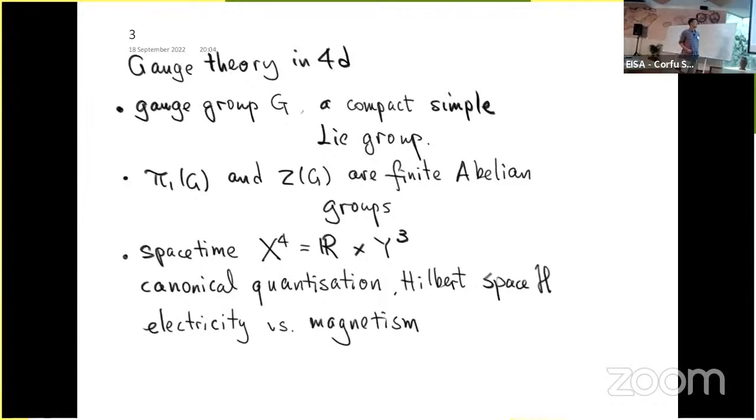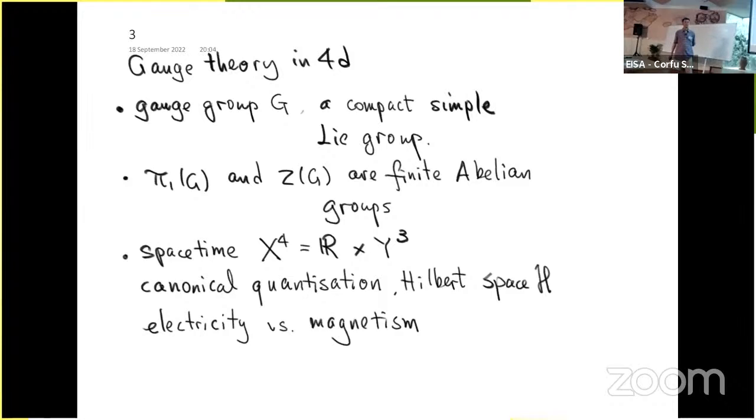For each such Lie group, a gauge group, there are 2 finite abelian groups. One is the fundamental group of the Lie group, which is relevant to the universal cover of that Lie group. And there's another finite abelian group, which is the center of the Lie group.